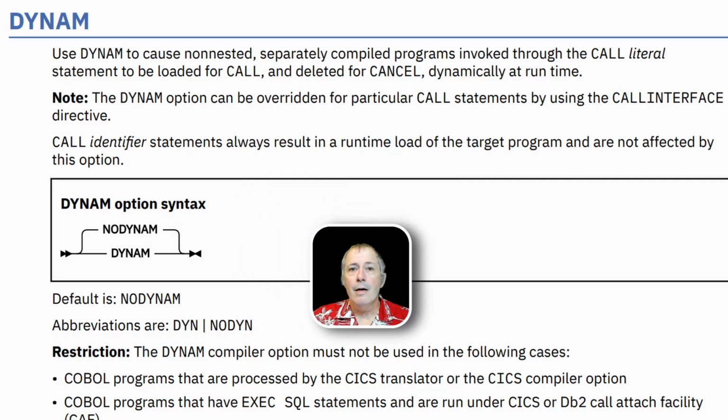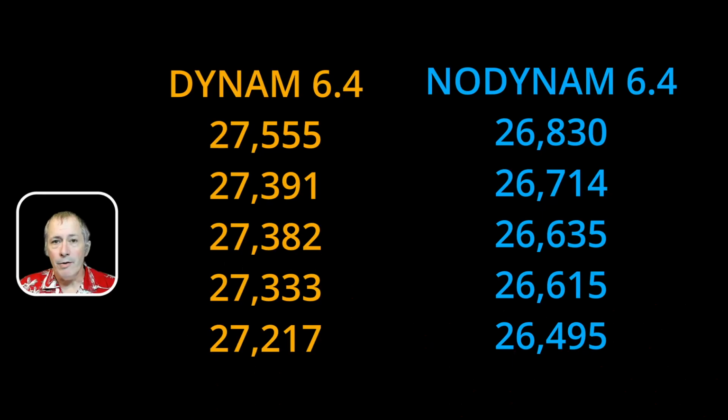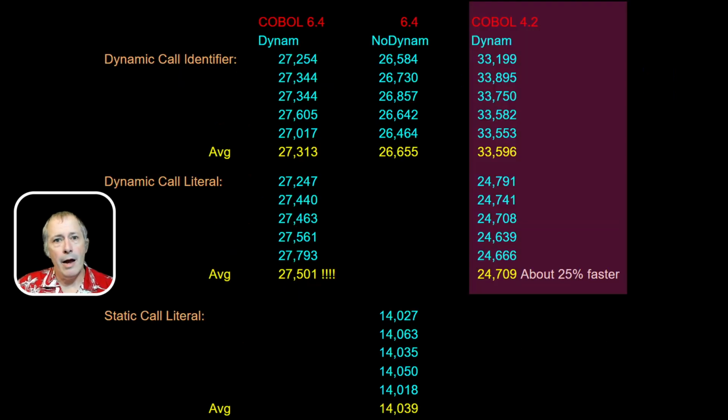Remember this page? The description of the no DYNAM option clearly states call identifier statements are not affected by this option, but this simple test implies there might be an impact. Hey, IBM, what's up with this?